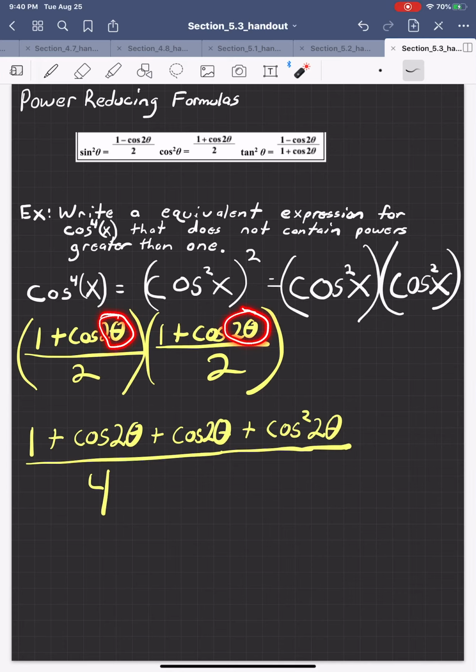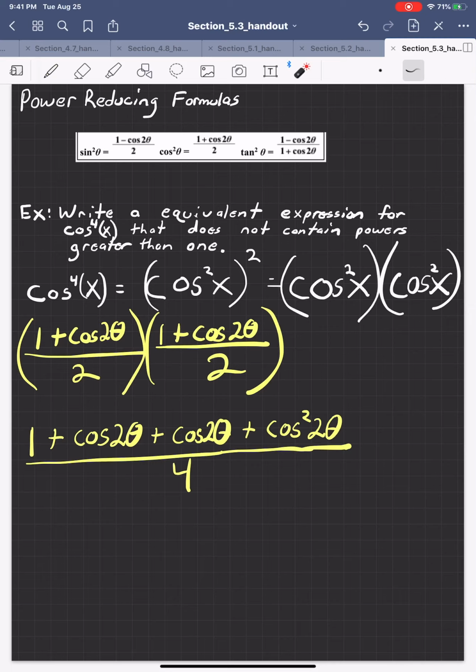And that is not the way we treat functions. So cosine of x times cosine of x is cosine squared x. Cosine of double theta times cosine of double theta is cosine squared double theta. All right, it's important to understand what I just did. I'm going to scoot this denominator over to the middle, and that's where we are.